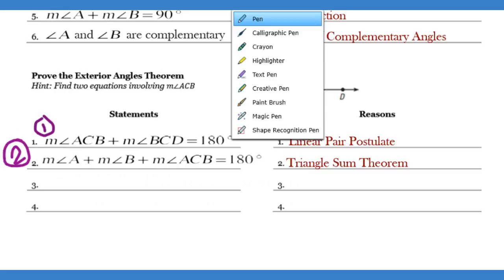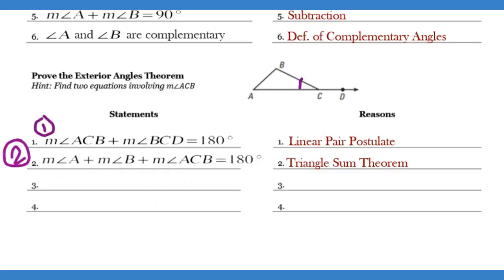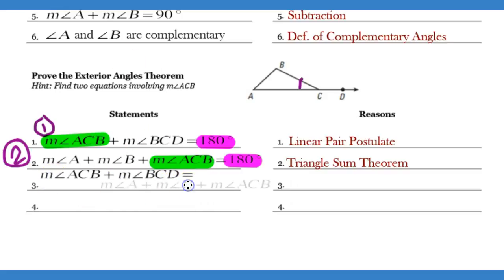Okay? So if you look here, here's ACB, here's ACB. And I've also got two equations that are equal to 180. So if something is equal to the same thing, that means you can set them equal to each other.